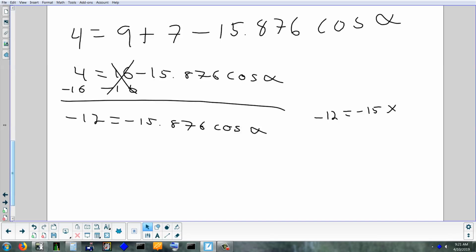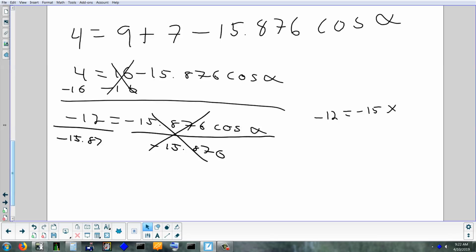Divide by the number that's next to the variable. Yep. So in our case, divide by negative 15.876. That's gone. You can cancel the negatives and make them positive. Now, what I usually do with this step is look at that number.